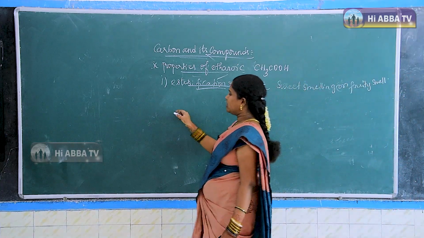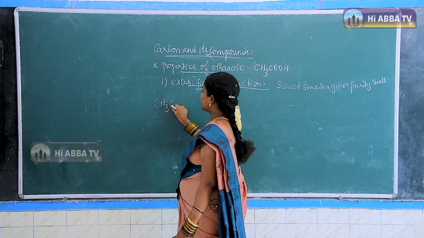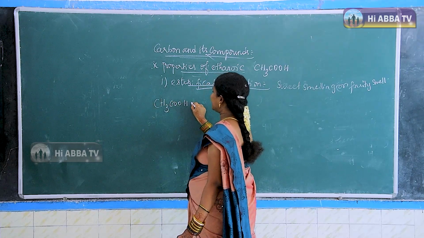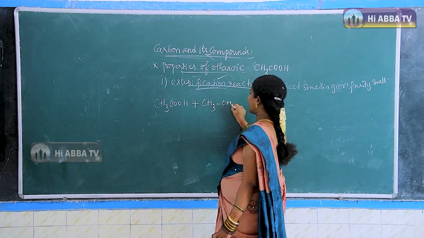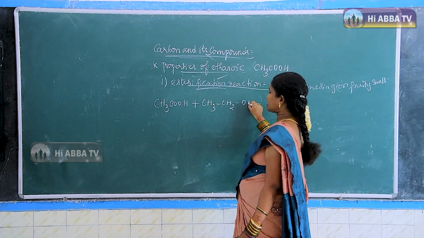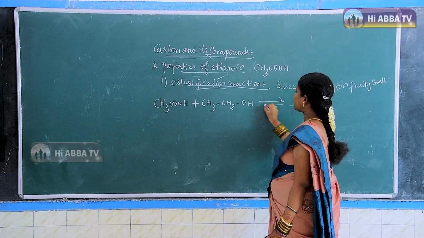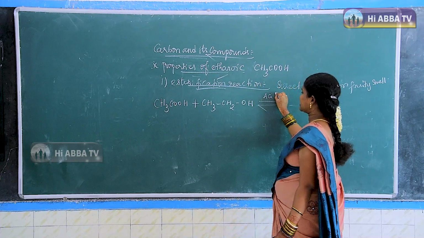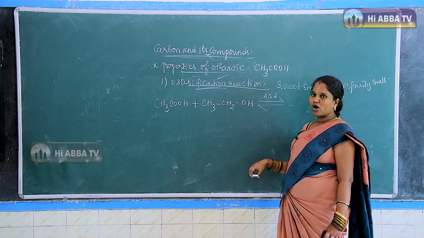So esterification reaction is nothing but ethanoic acid reacting with alcohol. So I'll take ethanol. When ethanoic acid reacts with alcohol in the presence of an acid, I will get ester.